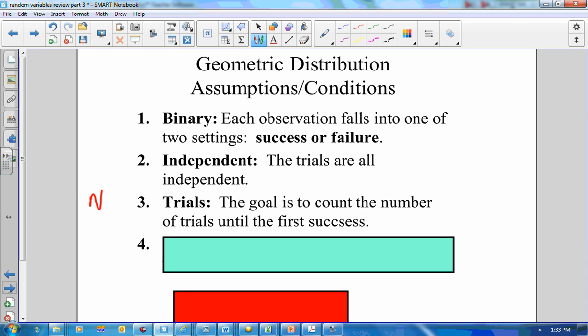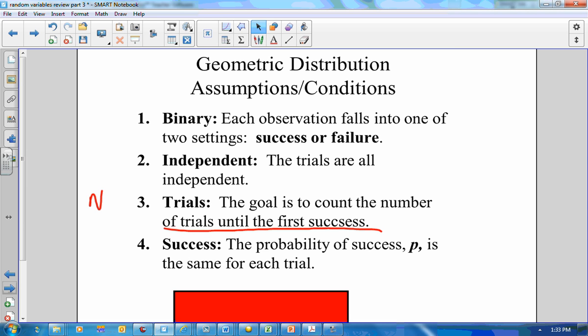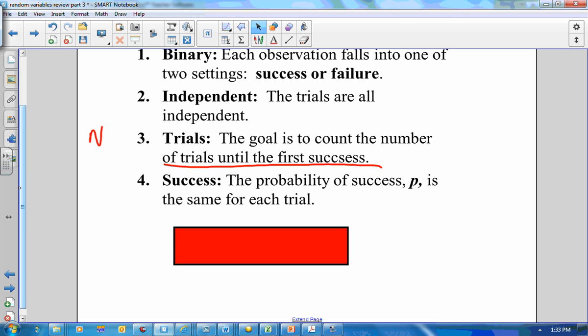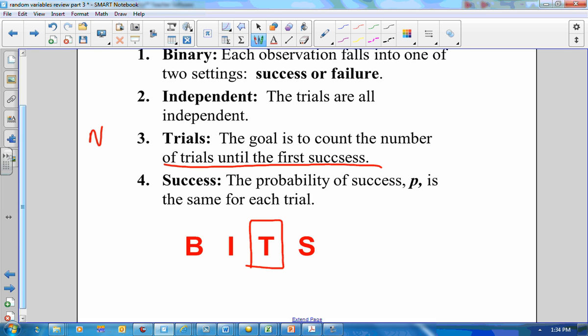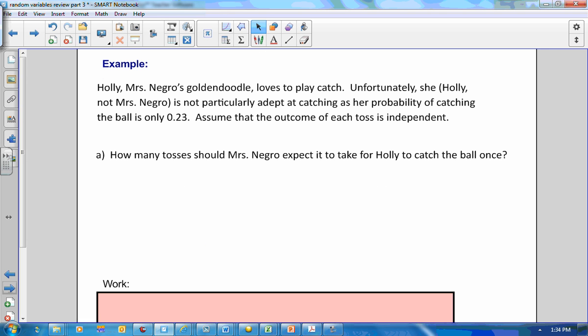Here, the goal is to count the number of trials until I get my first success. And the last one stays the same: the probability of success has to stay the same for each trial. So instead of the bins for binomial, we've got the bits for geometric. The main difference is that our object of interest is how many trials we have to do to get our first success.